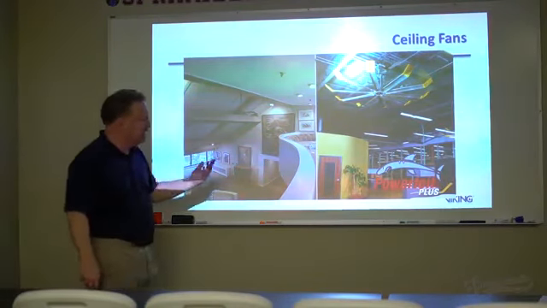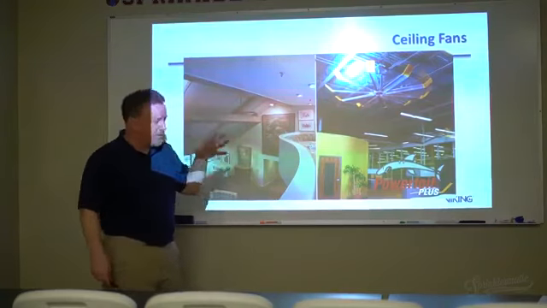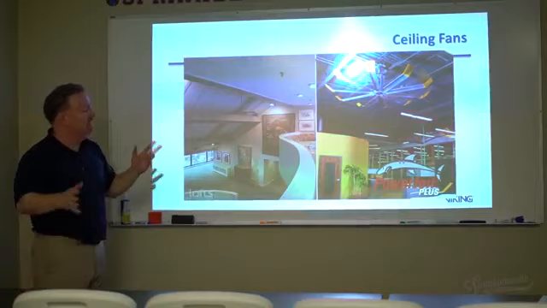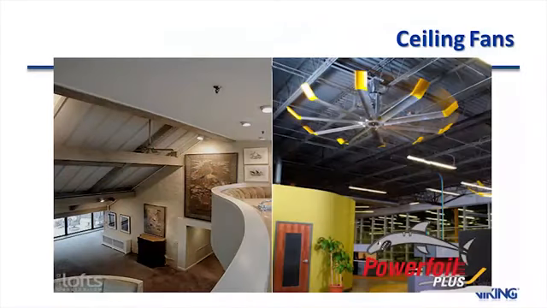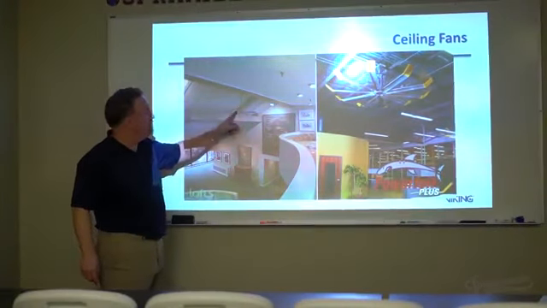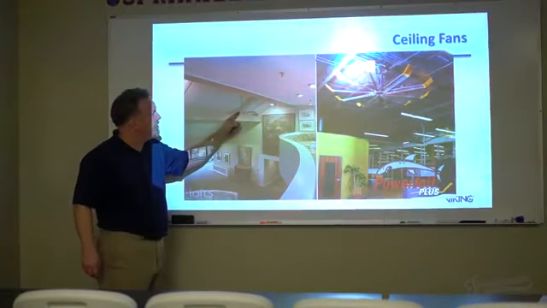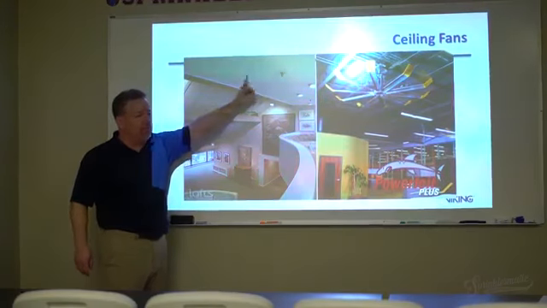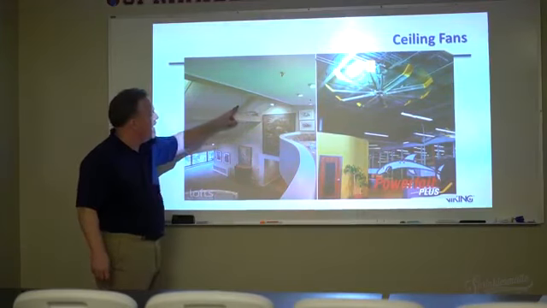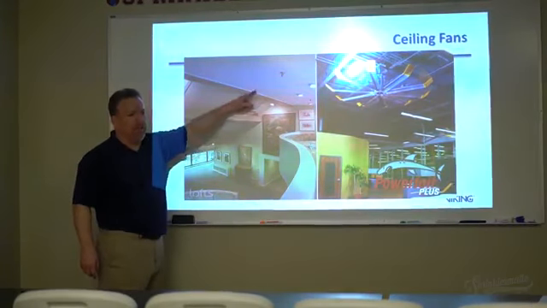Now, one of the other things we've come up against in the past is an obstruction rule that deals with ceiling fans. This obstruction rule deals with ceiling fans because there's the potential, just like a lighting fixture or anything else, that this particular ceiling fan could be considered an obstruction to the spray pattern.